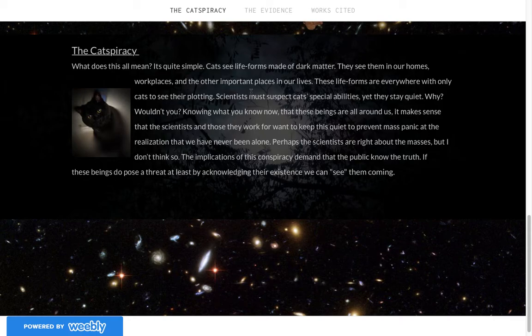It's one pretty big slippery slope. The second thing is that this whole conspiracy, as an explanation, goes entirely against Occam's razor, the principle that, in general, the simplest explanation is usually the right one, and this explanation of cats looking at things that we don't notice ourselves is by no means simple.